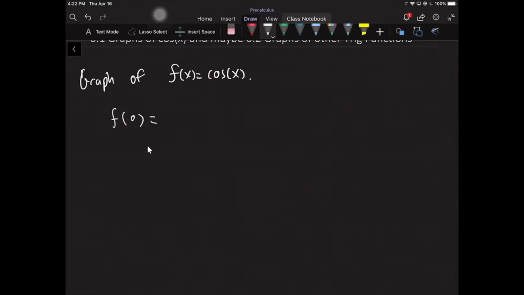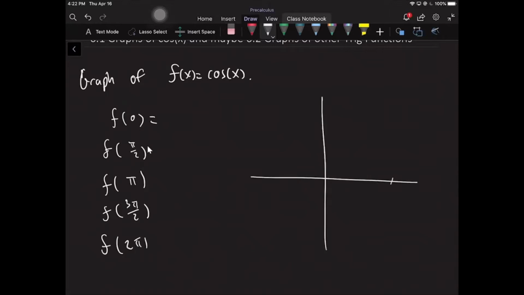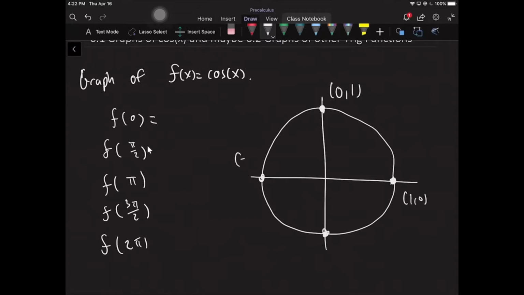So you plug in the 0 degree angle, the pi over 2 angle, the pi angle, 3 pi over 2, and 2 pi. So you're plugging in all the corner points basically, although there's not really corners on the circle, but you're plugging in the 4 easiest points that just come from looking at 1, 0, 0, 1, negative 1, 0, and 0, negative 1.